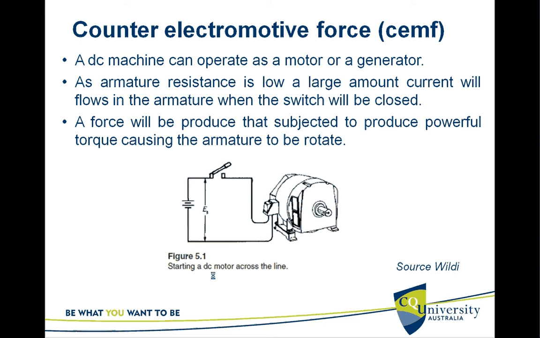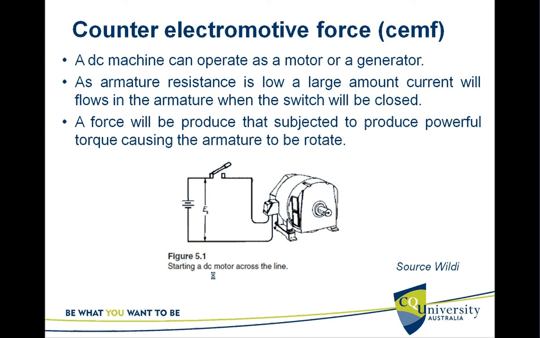As armature resistance is low, a large amount of current will flow in the armature when the switch is closed. That is, in the very beginning when the armature is stationary. It has a very low resistance, so just as you switch on, there will be a large current. A force will be produced that's subjected to produce powerful torque, causing the armature to be rotated.